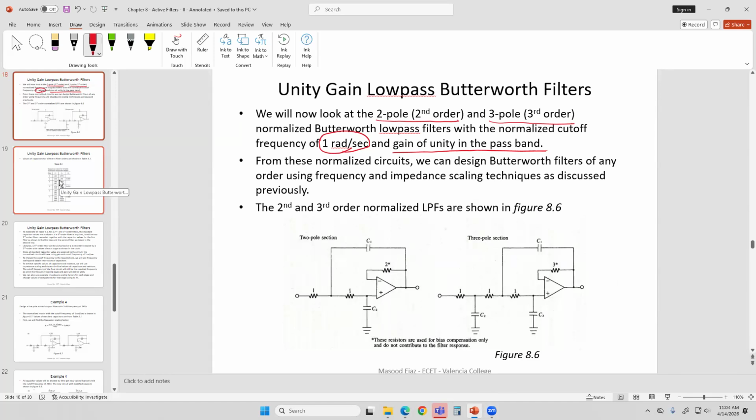And then associated with these designs, as you can see, you have capacitor values C1, C2, and C1, C2, C3. Resistor values are all the same. As you can see, all of them are 1 ohm. And this is your 1 ohm, 1 ohm, 1 ohm. And this resistor is your, what was that we studied in chapter number 2?